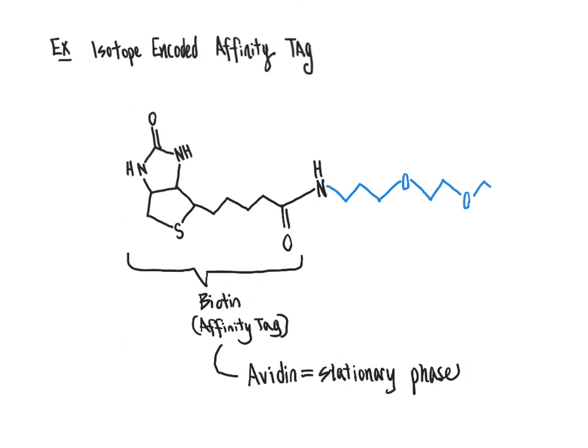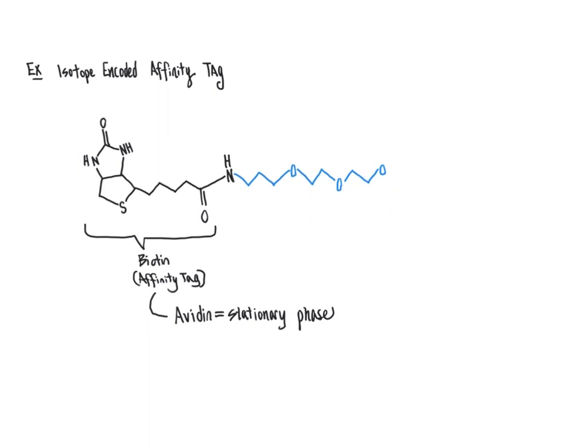This common linker, you will notice, has some ether groups. That is no coincidence. Ether groups are generally relatively non-reactive functional groups. If you think back to organic chemistry, there weren't very many reactions that were learned regarding ethers, and so they are commonly incorporated in these sort of non-reactive portions of the molecule.